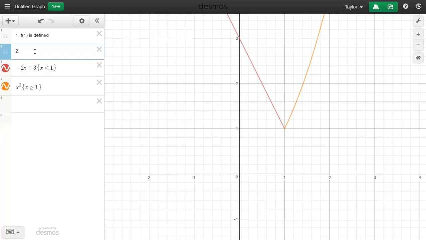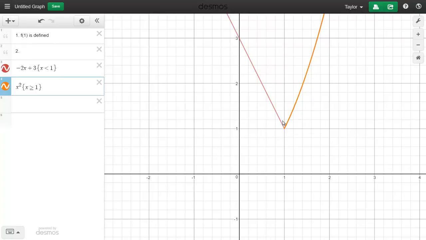Step 2 is, does the limit exist? Now, for the limit to exist, as x approaches 1, the left-hand trend has to equal the right-hand trend. What do you think? If we look at the y values, as x is getting closer and closer to 1, the y values are also getting closer and closer to 1.